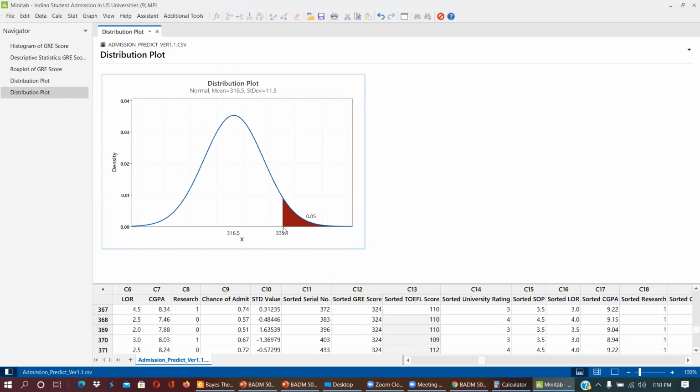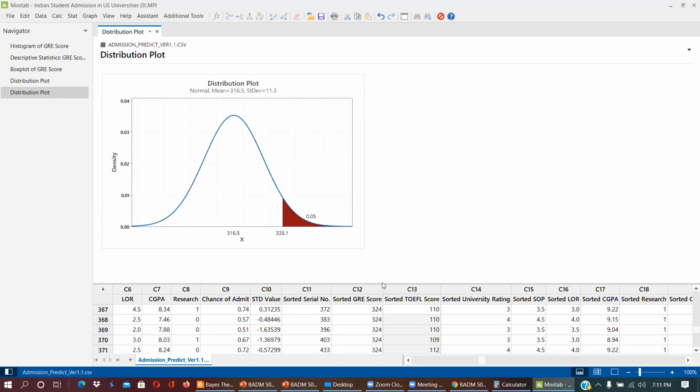Those who have scored 335 or plus will be about 95 percentile. They will be in the top 5 percentile. Those who have scored 335 or less are under 95 percentile. 316.5 is 50 percentile. Are you getting the point? How do we do the percentile thing?